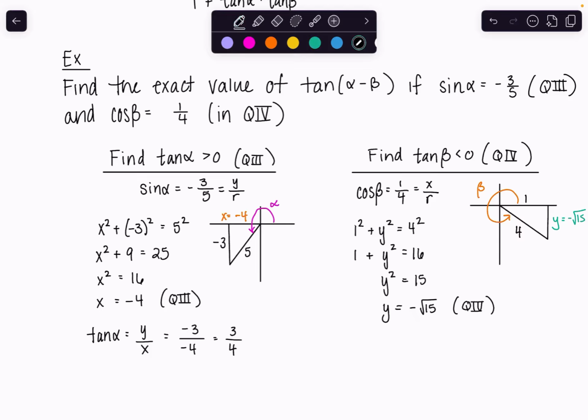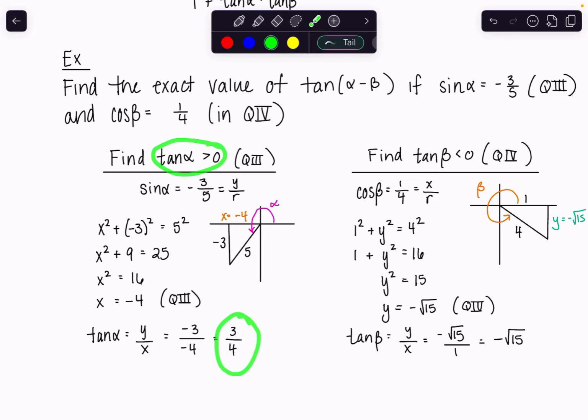Okay. So now I can figure out what tangent of beta is, and again, that's y over x. So it's negative square root of 15 over 1, which just gives us negative square root of 15. So again, those match up. Tangent of alpha should be positive. It is. Tangent of beta should be negative, and it is. Okay.